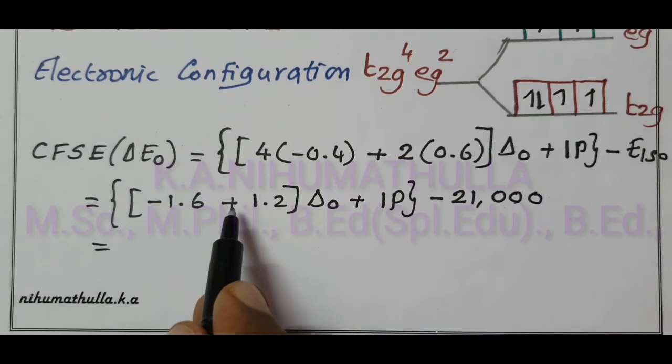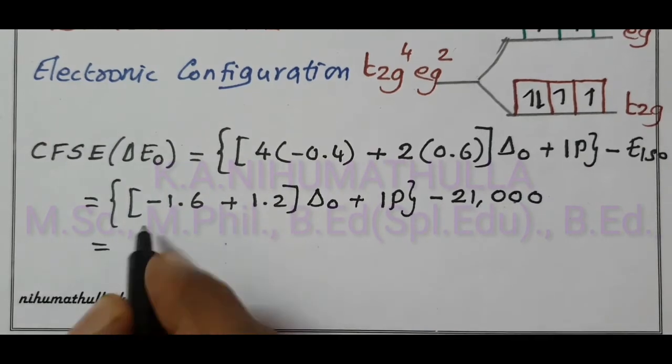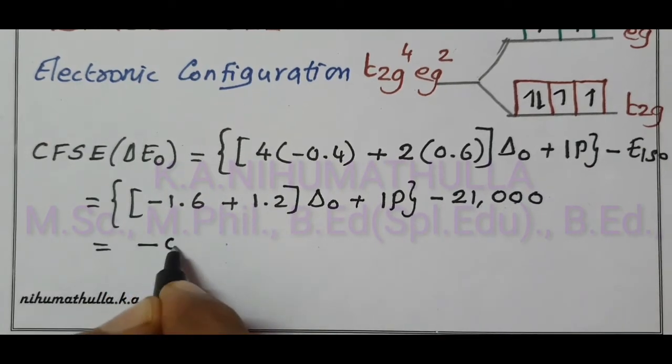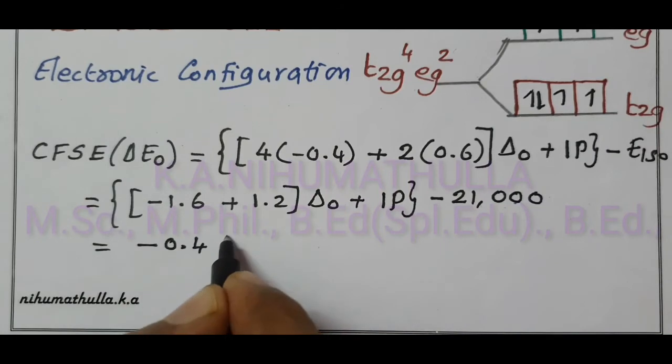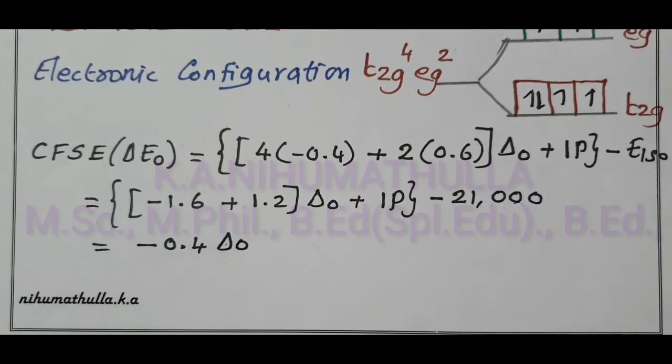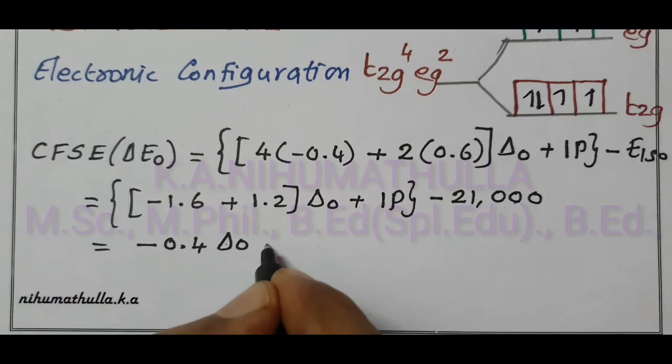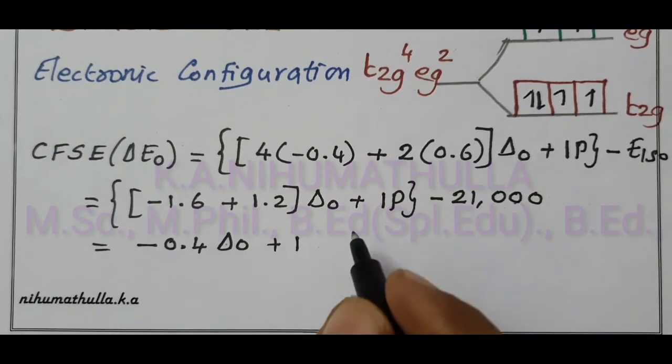Minus 1.6 plus 1.2 is minus 0.4 delta octahedral, plus 1 into the pairing energy.